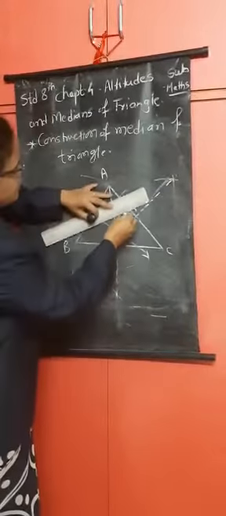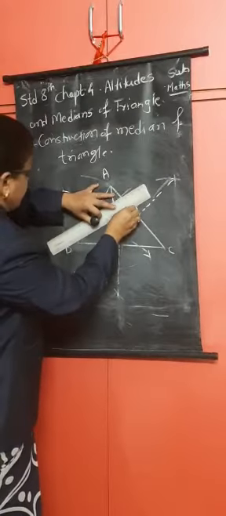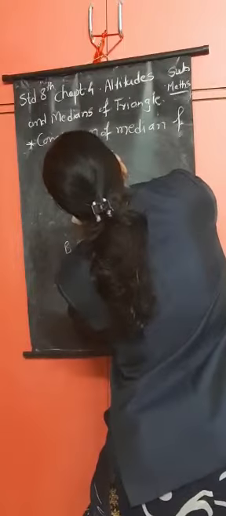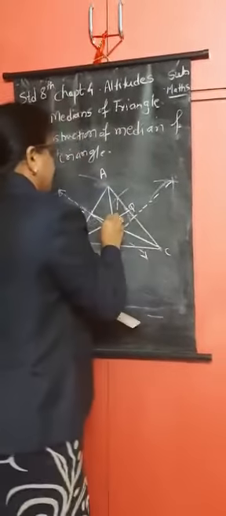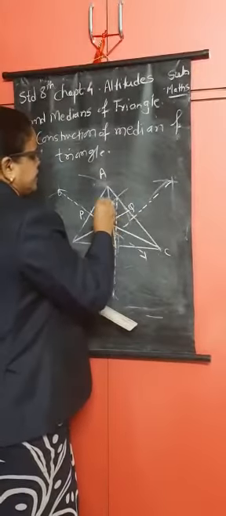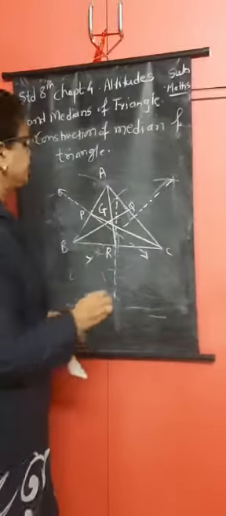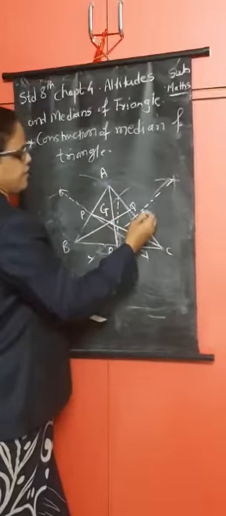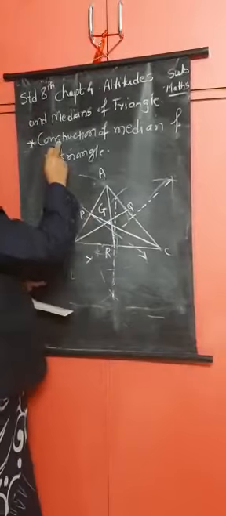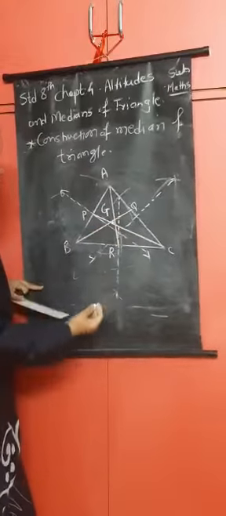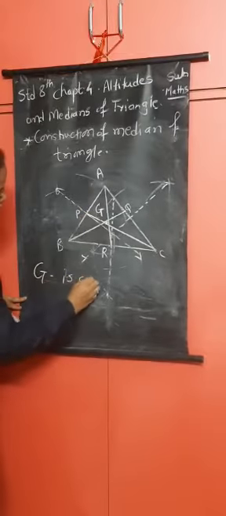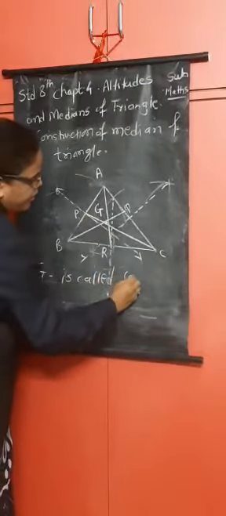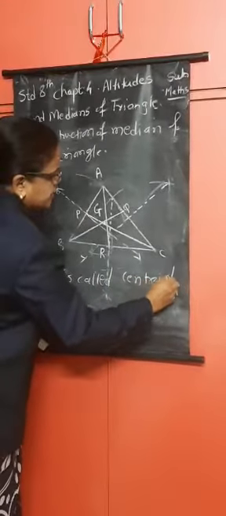We join AR, BQ and CP, and the point where they meet is denoted by G. When three medians meet at a point G, G is called the centroid.